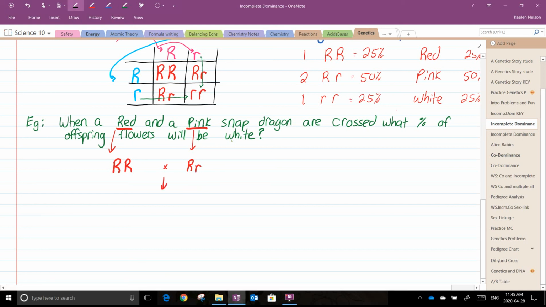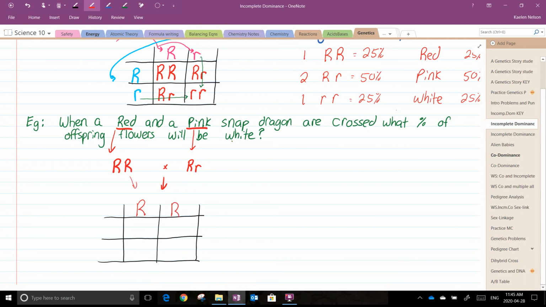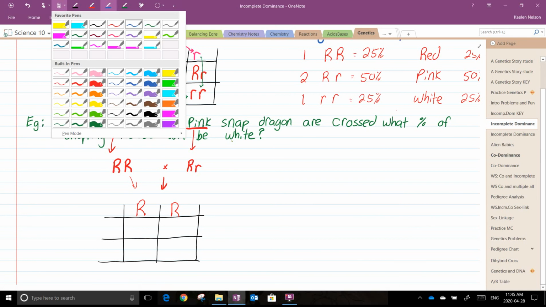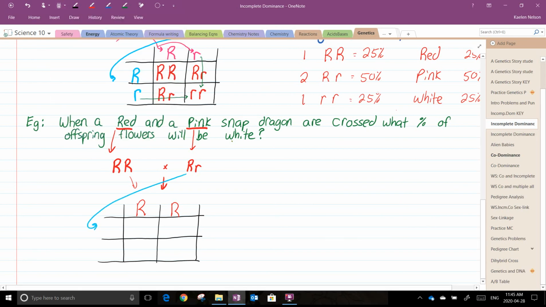Helpful to draw the Punnett square. And big R at the top from this parent. Big R, little r from that parent.